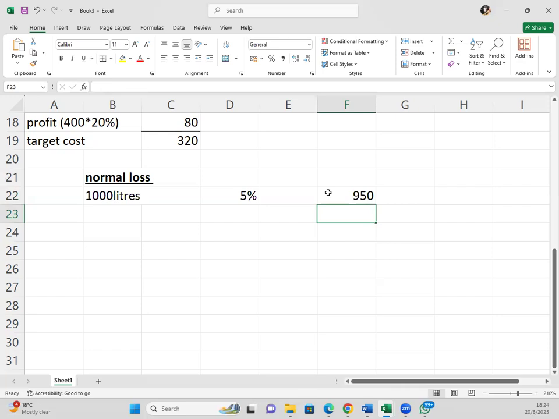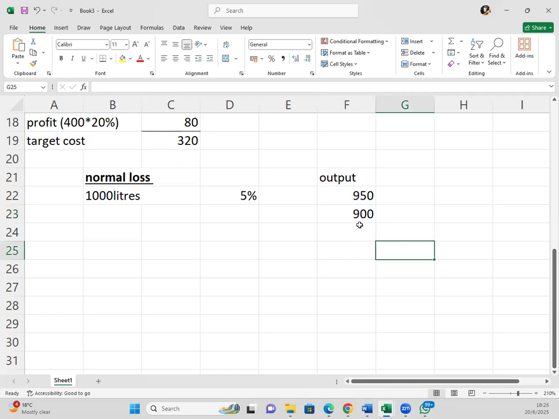So if the input was 1,000 liters and the output is 950, we say the process went well. Even though the liters are less, the process went well, because the loss was expected. It was a normal loss. But there are cases where the output is 900. It was supposed to be 950, but the output is 900.